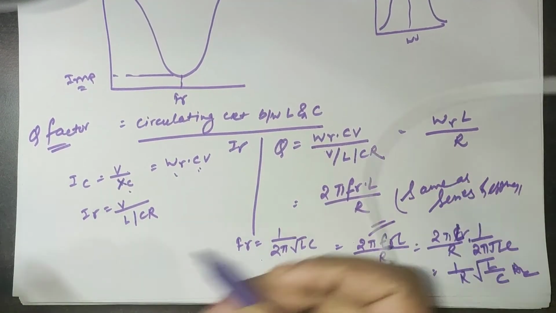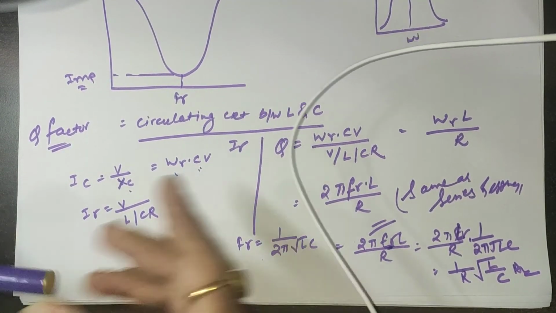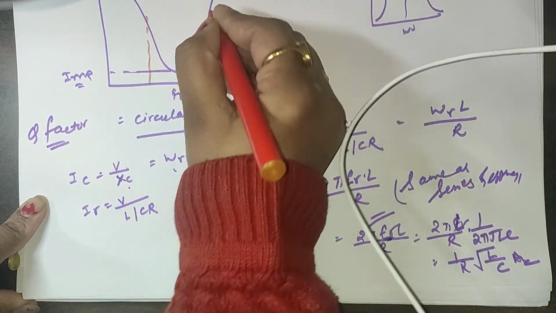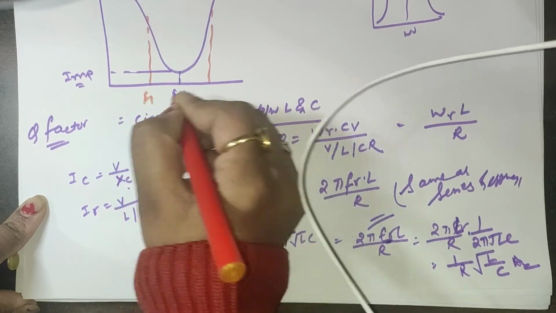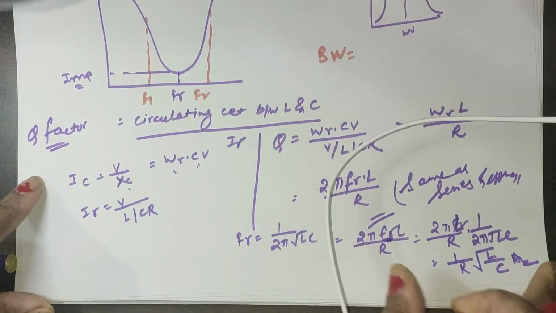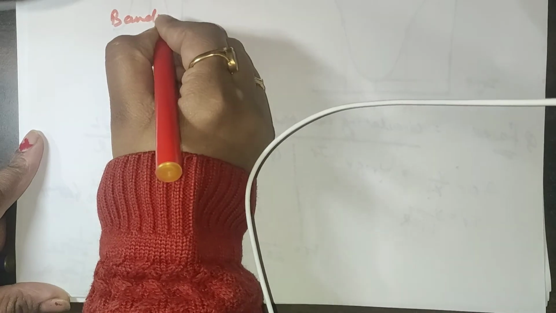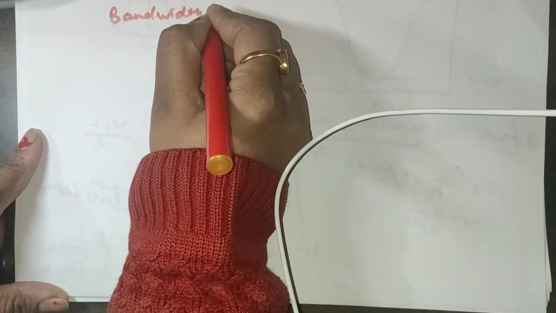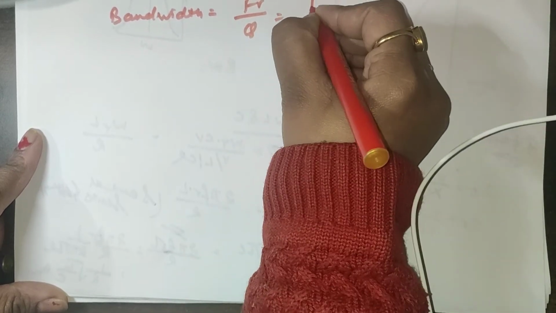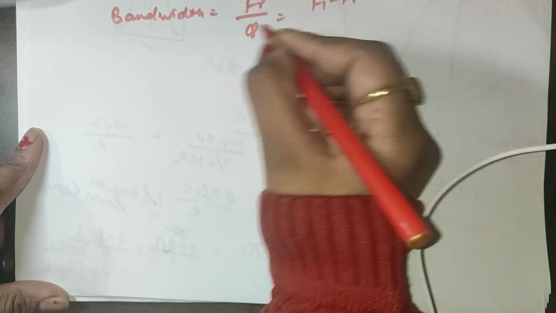Okay, what will be the bandwidth? Bandwidth will be the difference between the first frequency and the second frequency. आपका bandwidth हो जाएगा FR upon Q, that is F1 minus F2.